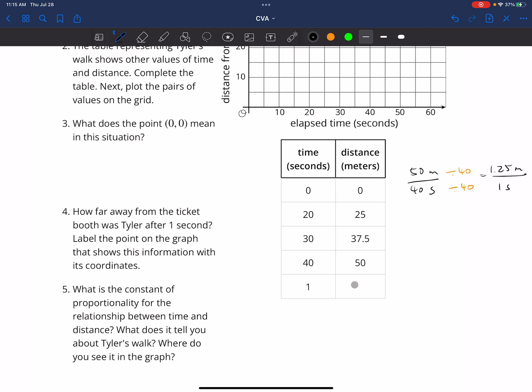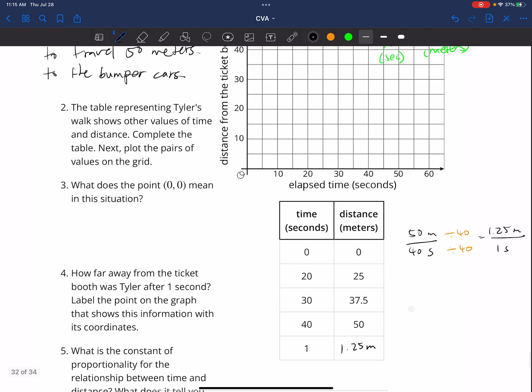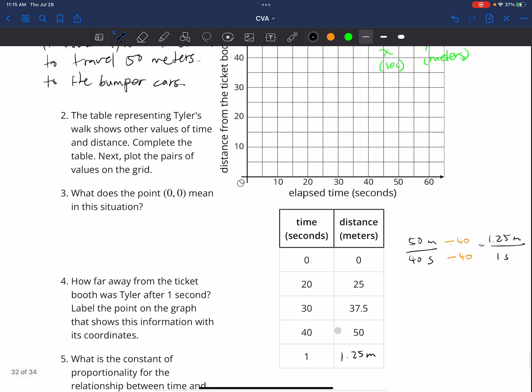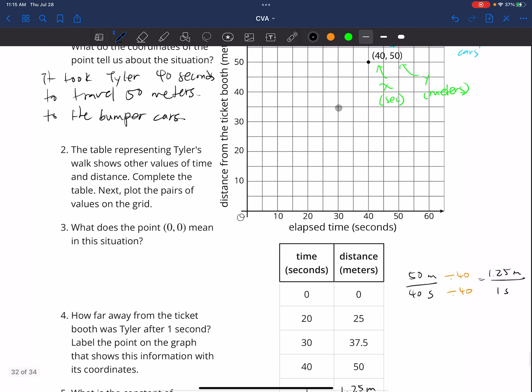So that's 1.25 meters per 1 second. Next, plot the pairs of values on the grid. So I got 1 and 1.25, so that's going to be hard to do. I'm going to do 30 and 37.5 first. 30 and 37.5, that's about like right there.